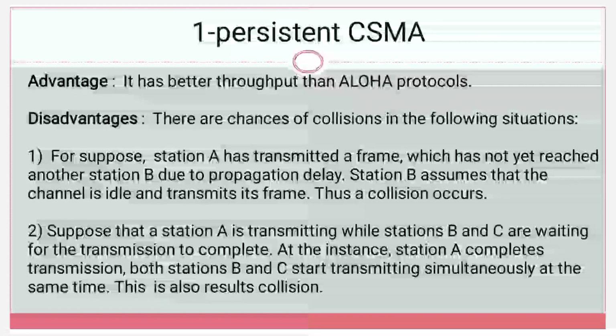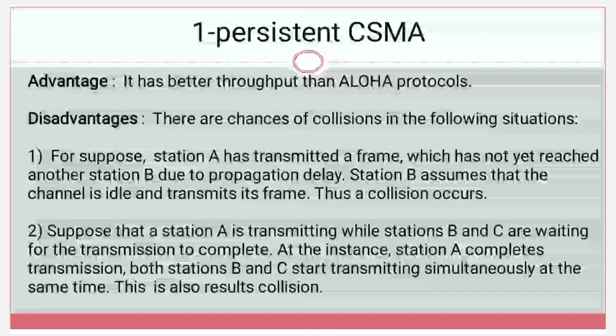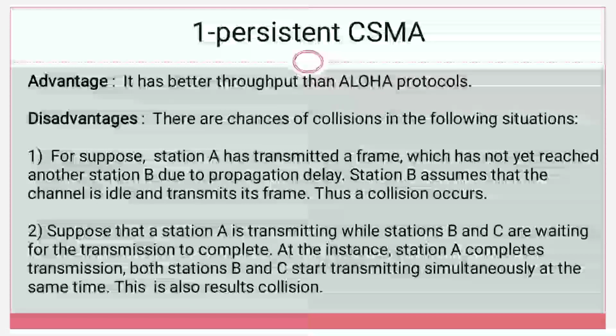To reduce that number of collisions, we use one persistent CSMA. Even though one persistent CSMA is used, two or more cases like this exist for the occurrence of collision. To avoid this, we will move to the next persistent method, called the non-persistent method.